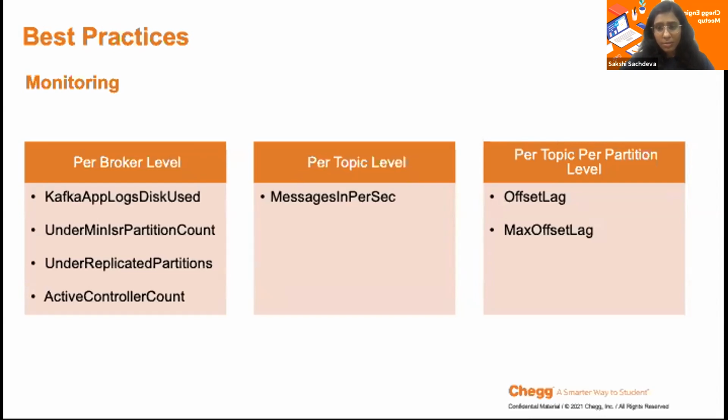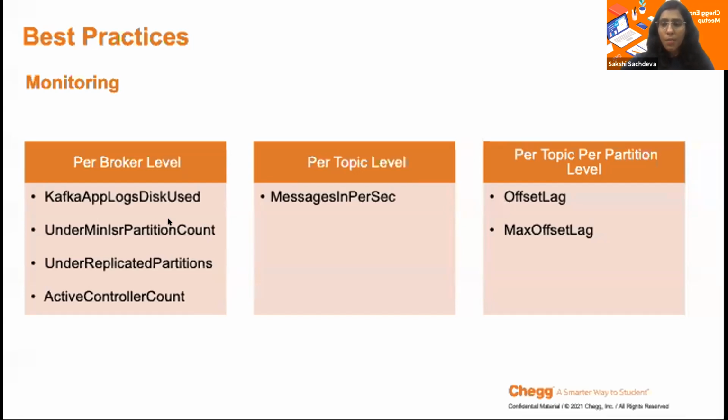for our Kafka cluster. For example, in our team we have kept the threshold at 80%. If the disk usage exceeds 80%, then we fire an alarm and we can take the respective action. Then under min ISR partition count: this tells about the replicas which are in sync within a partition.